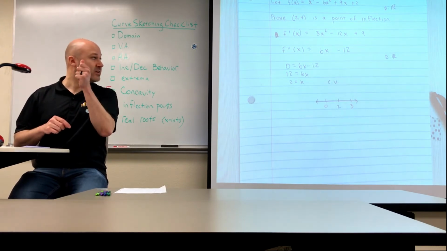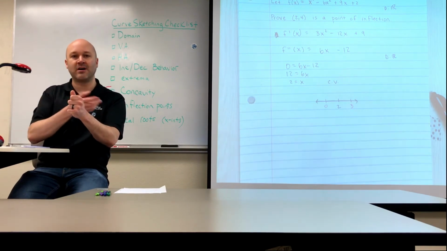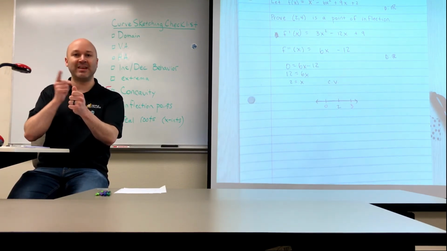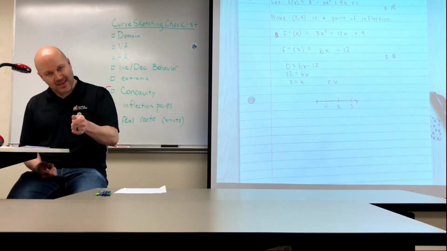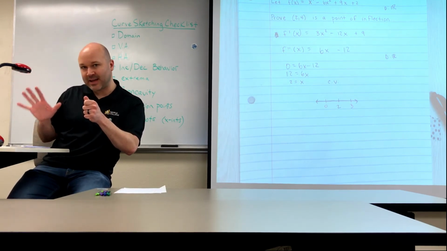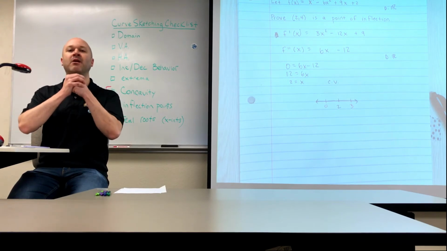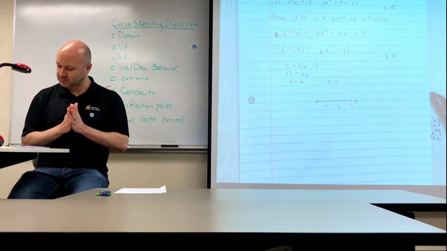If there is no change in behavior, then I'm always going to be concave up or always concave down. So when I test these values, if I get both negative, then I'm always concave down. If 2 is a change in behavior, so I'll go from concave down to concave up, then I've got a change in behavior, and we call that point an inflection point, where that concavity changes.